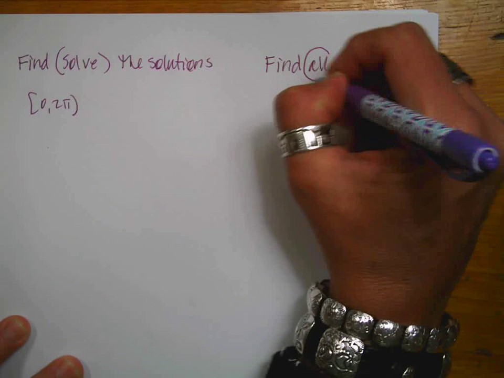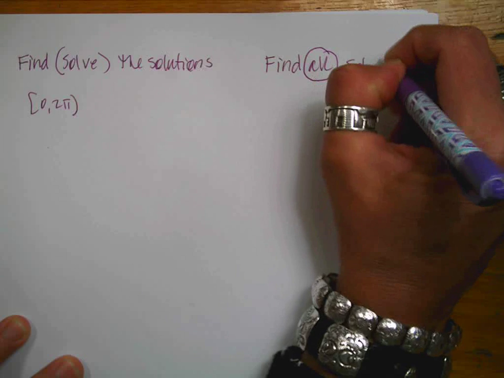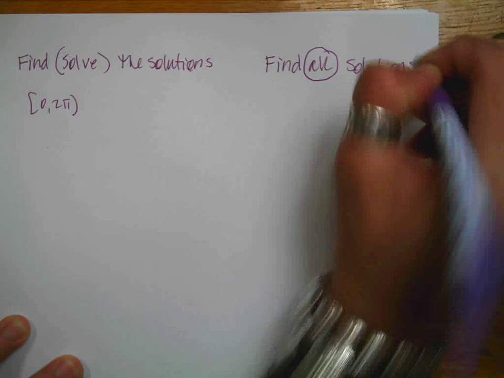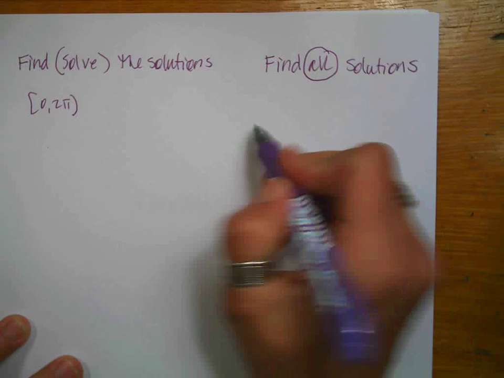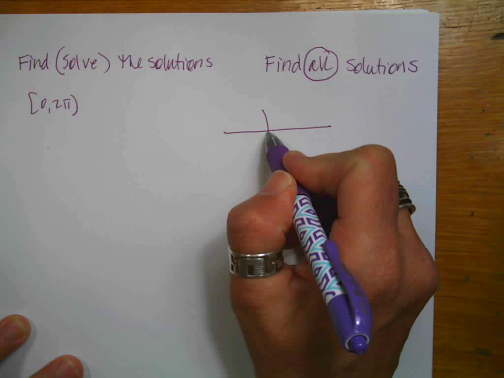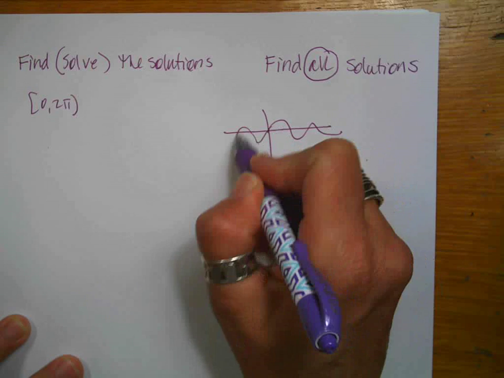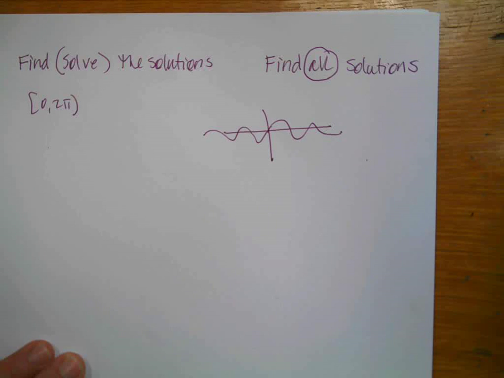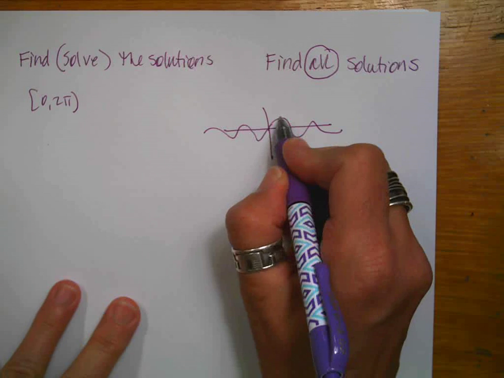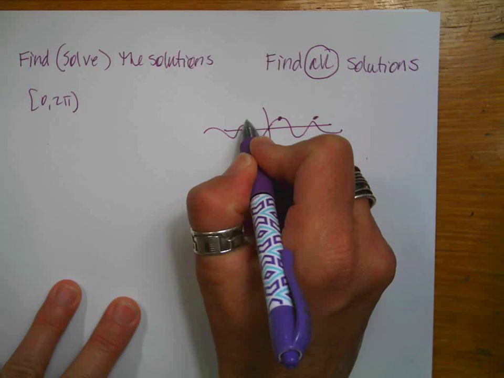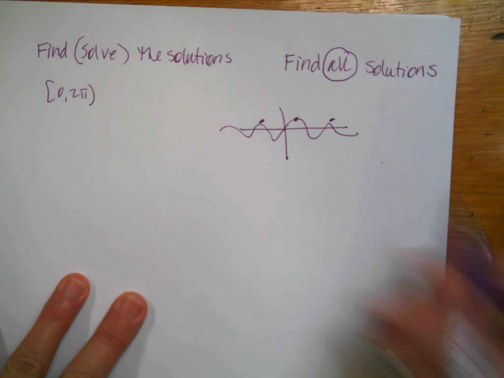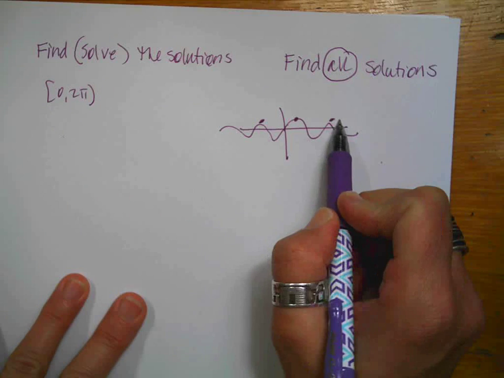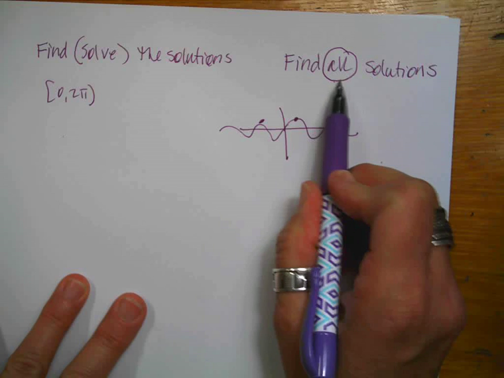Sometimes you'll see the words that say find all solutions. And when this is the case, you have to think about, I have a periodic function that is going on forever and ever and ever in both directions. So when we have something that says find all solutions, then we have to consider that those values, really crappy drawing by the way, repeat every cycle.